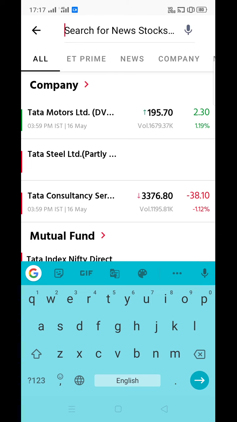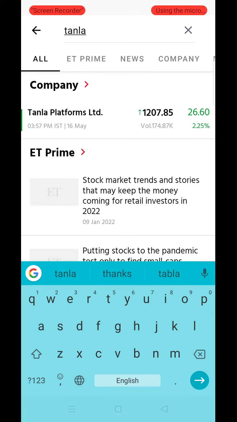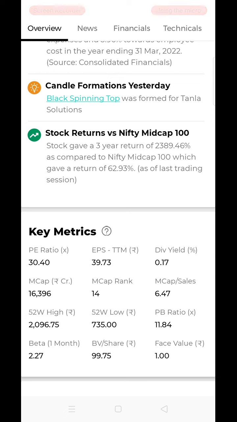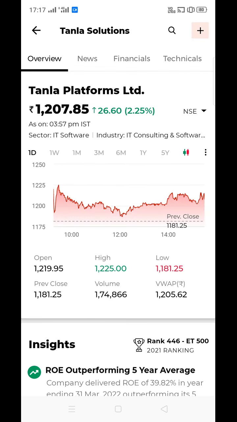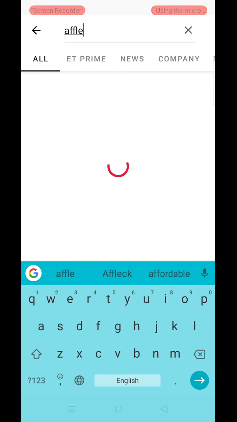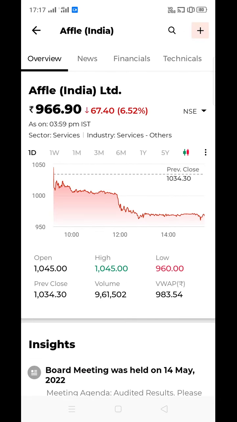Now let's look at Tanla, one stock which has created a lot of wealth. Tanla Platforms 30 PE, still very good valuation, not at all very high, means it still has a lot of room. Another platform company, Affle, 81, high valuation.